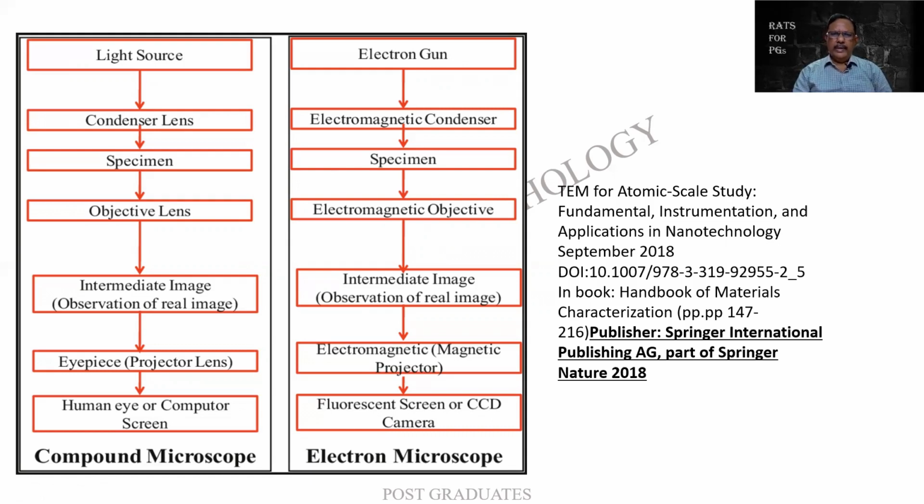There is electromagnetic condenser, which concentrates on the specimen. And this is passed on to the electromagnetic objective. There is an intermediate image, and then finally you get a projector, and the image is fixed onto the screen and recorded. This is one.